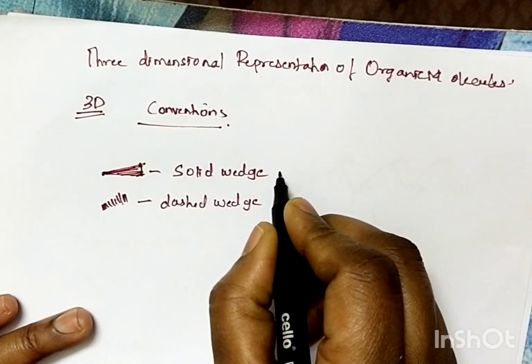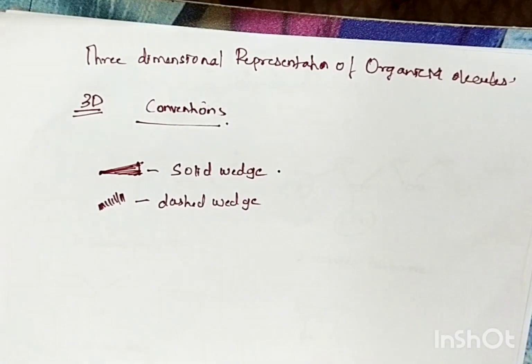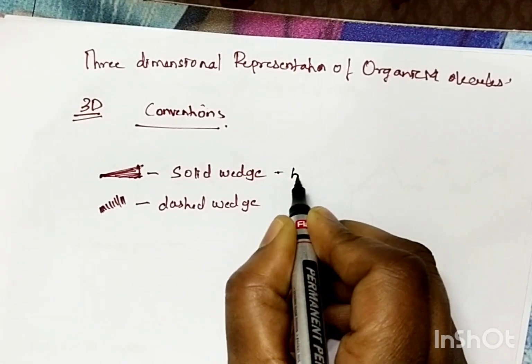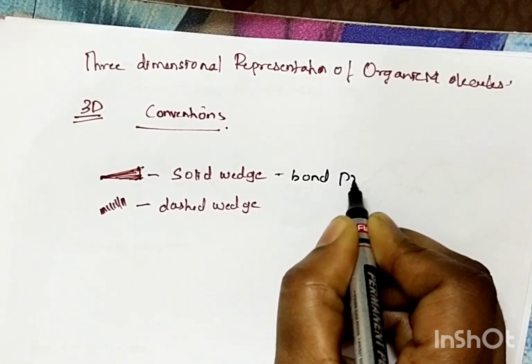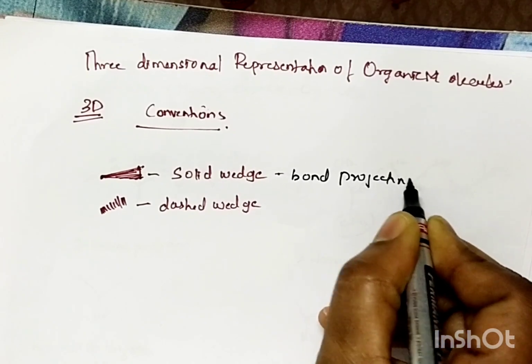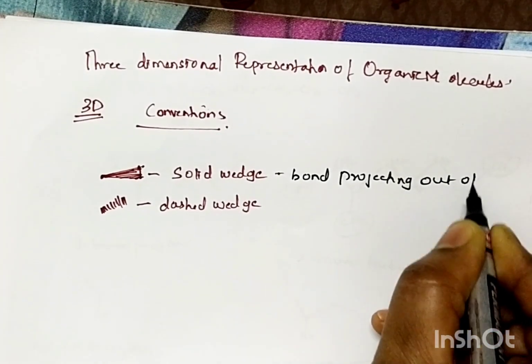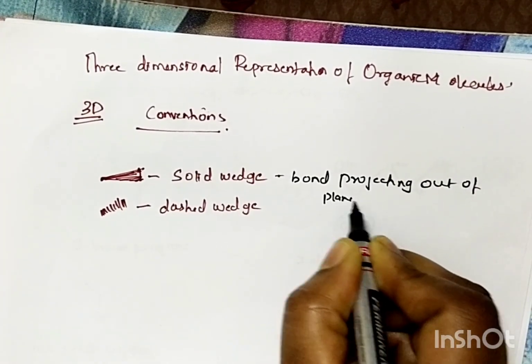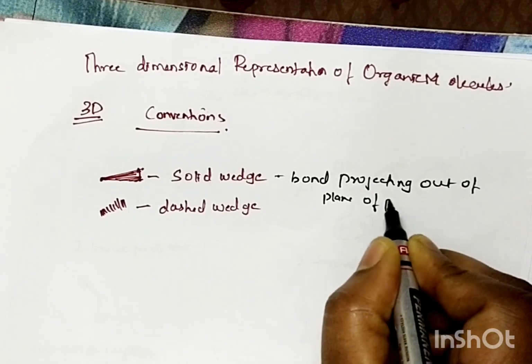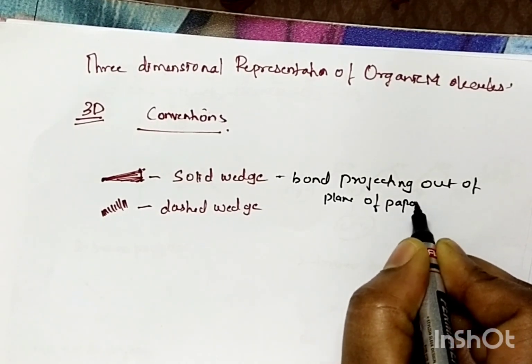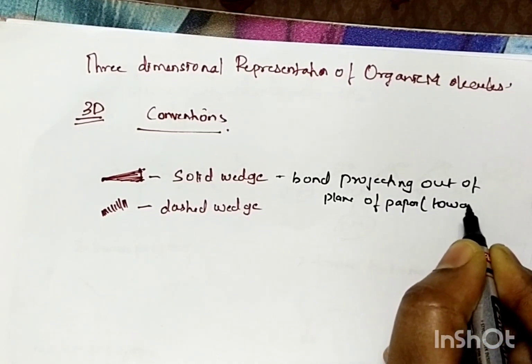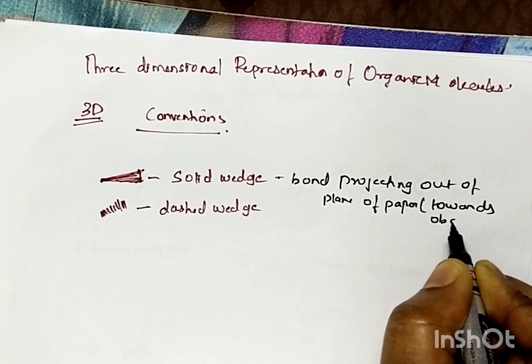So the solid wedge is a bond projecting out of the plane of the paper. That means it is towards the observer, towards us.